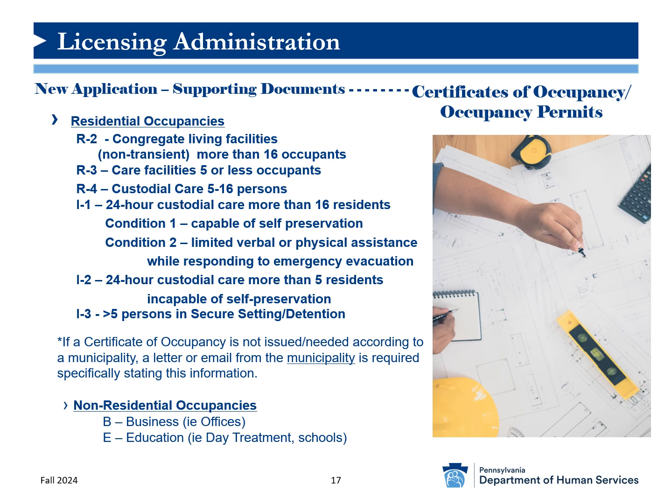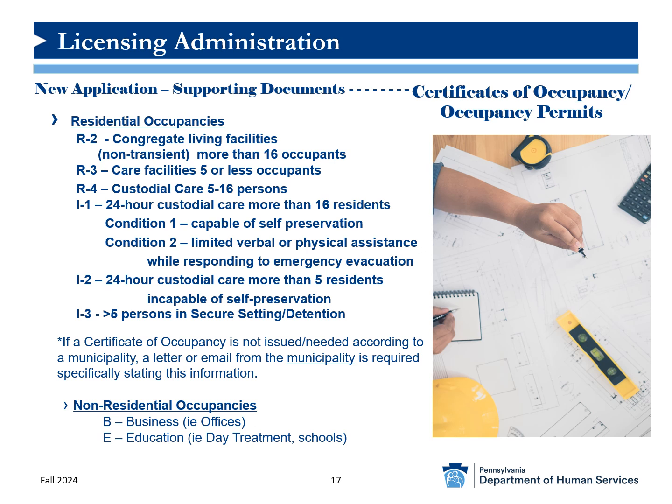If it is a non-residential occupancy, some of the occupancy uses we accept are B for business, such as an office setting, or E for education, such as a day treatment, or if the services will be provided in a school.